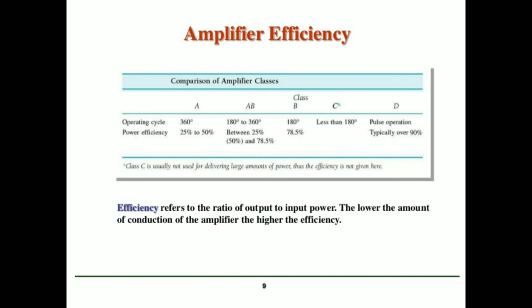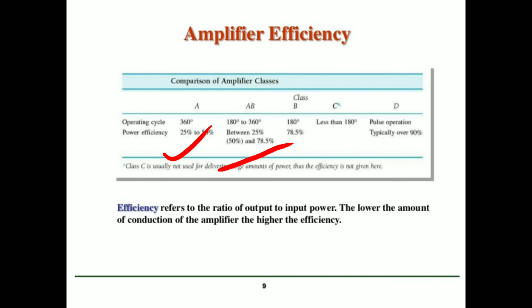In the last, if we compare the different configurations: in class A amplifier, the operating cycle is 360 degree and power efficiency is 25 to 50%. In case of class AB amplifier, the operating cycle is from 180 degree to 360 degree and the efficiency is 50% to 78.5%.